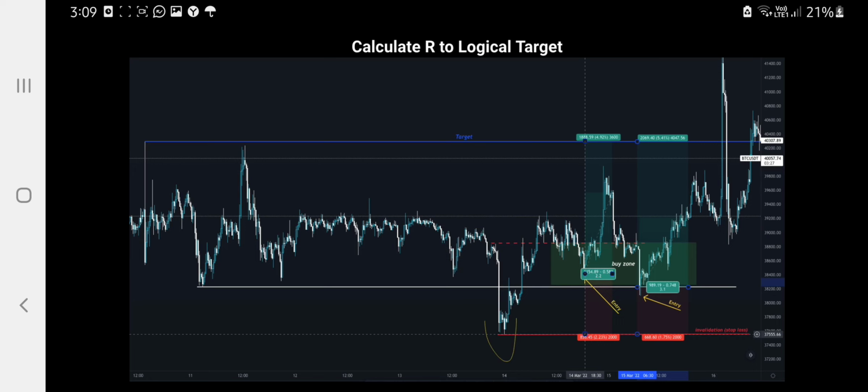So first of all, what we're looking at here is a long setup. The white line represents the low that has been run. So the price has swept down through the low, collected some stop losses, and then bounced back up. The dashed red line is the market structure break. If you see where my cursor is, it's the high.